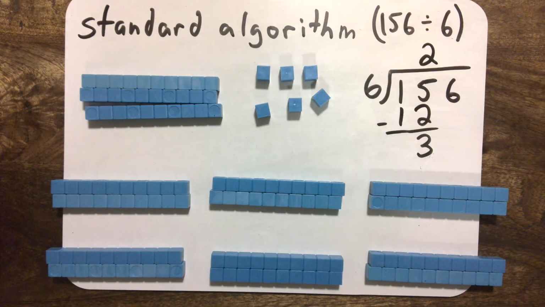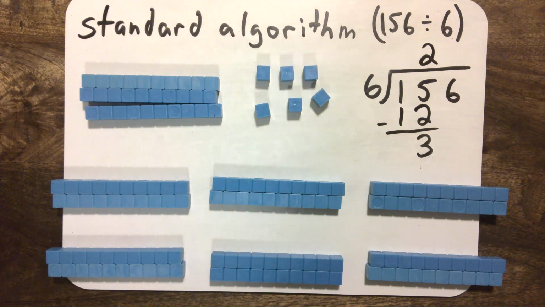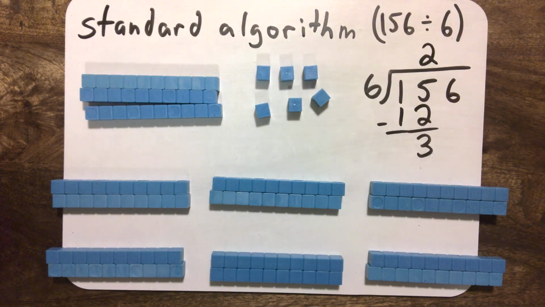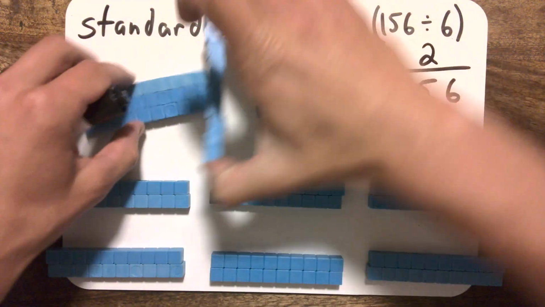So again, these tens will need to be regrouped because we're not able to keep them as tens and place them into those equal groups. So we're going to exchange these for 10 ones, if I can grab them.